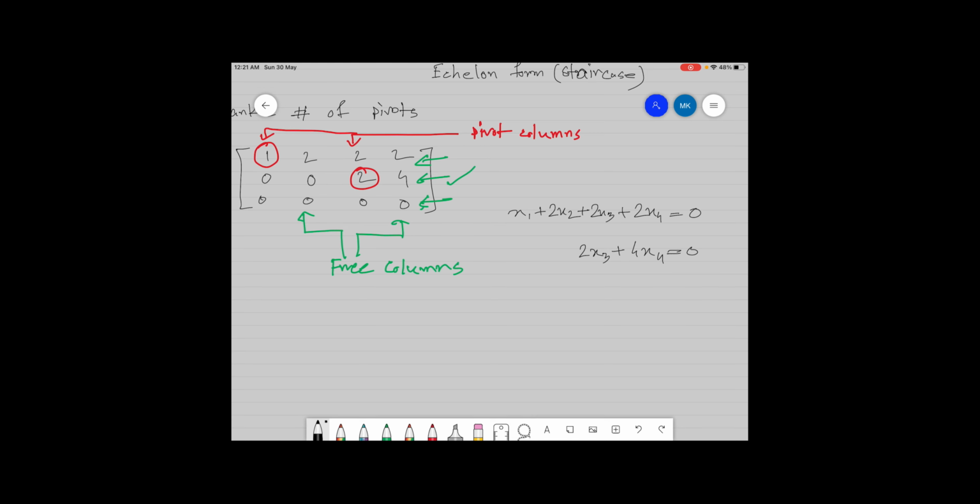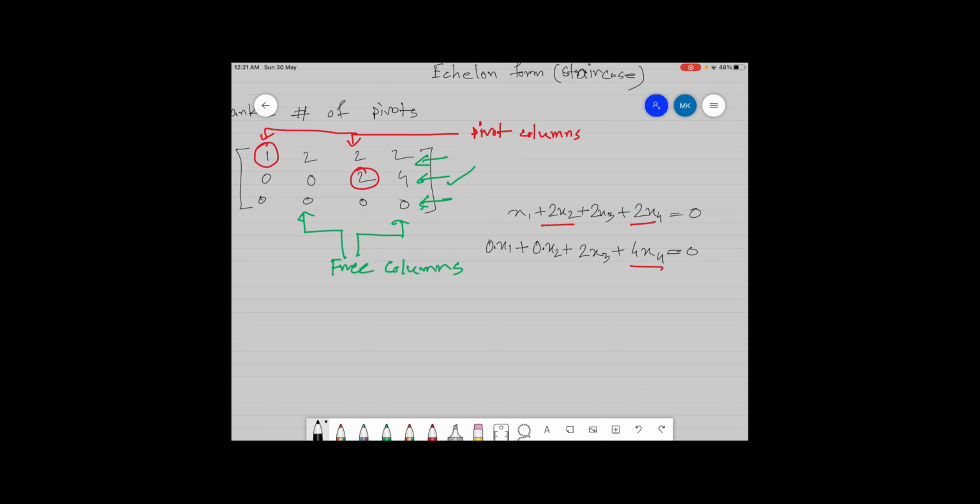We have 2 free columns, and for clear understanding you can also write 0 into x1 plus 0 into x2.